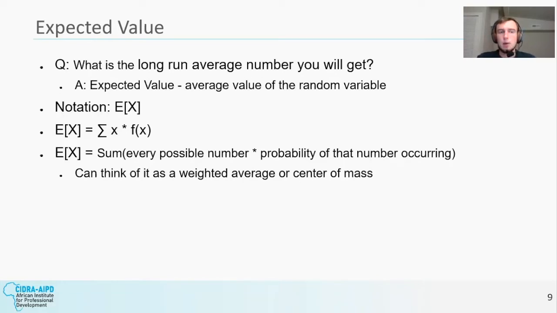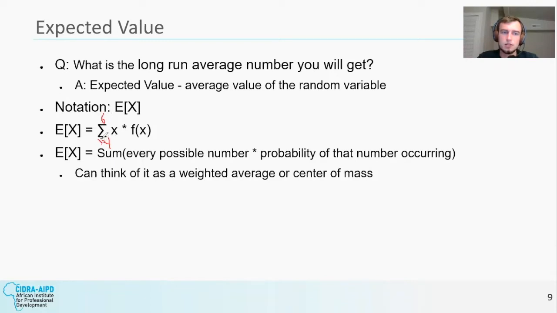So how we represent this in Mathese is, we sum up each possible outcome that the random variable can take and multiply it by how likely it is to happen. So if we're going for our die example, we know that it's going to range from i equals 1 to 6.